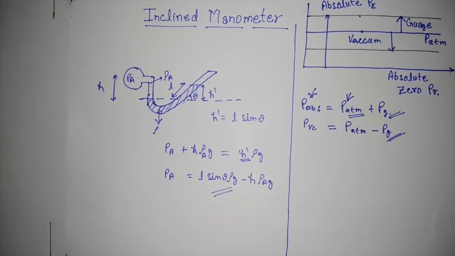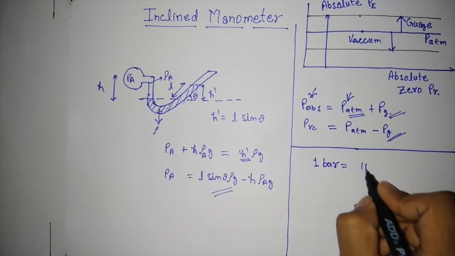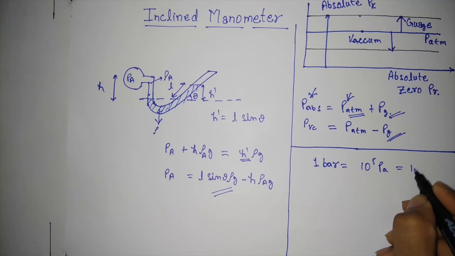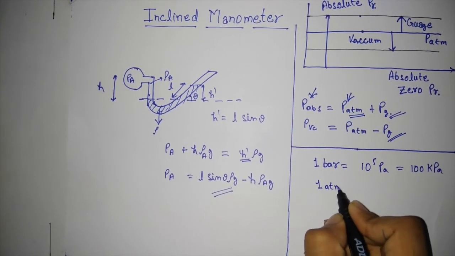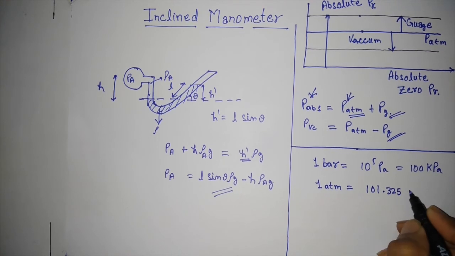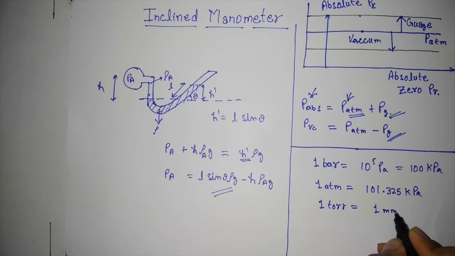Now, some important conversions for your examination point of view. 1 bar is equal to 10 to the power 5 Pascal or 100 kilopascal. 1 atmospheric pressure is equal to 101.325 kilopascal. 1 torr is equal to 1 millimeter of Hg, that is mercury.